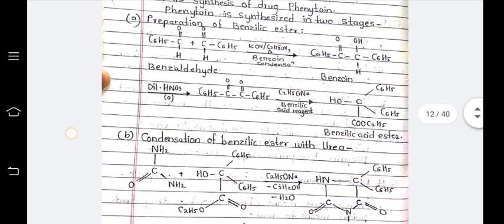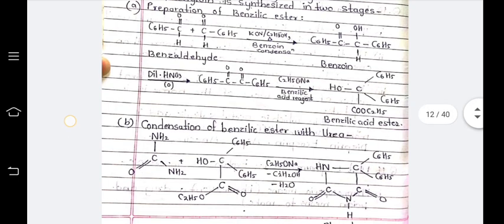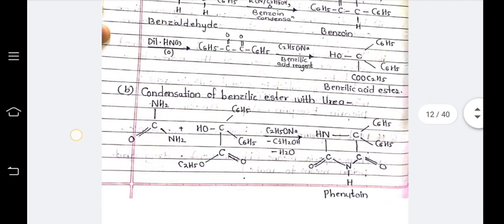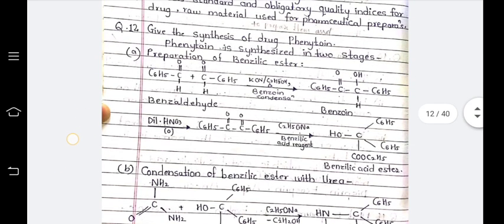The synthesis of the drug phenytoin. Phenytoin is synthesized in two stages. First is the preparation of benzilic ester. Second reaction is the condensation of benzilic ester with urea. In the preparation of benzilic ester, the reactant material is benzaldehyde.